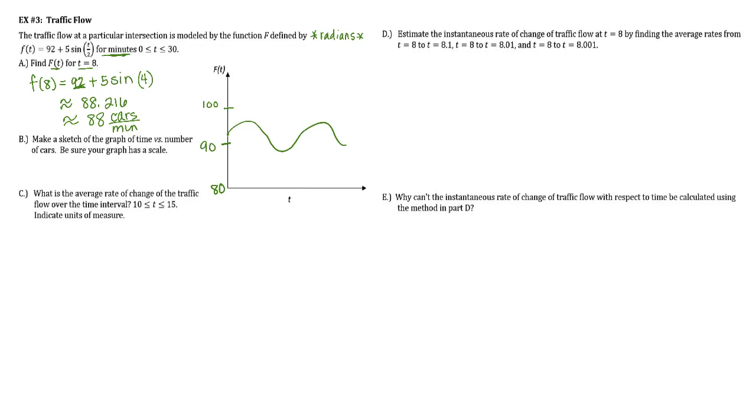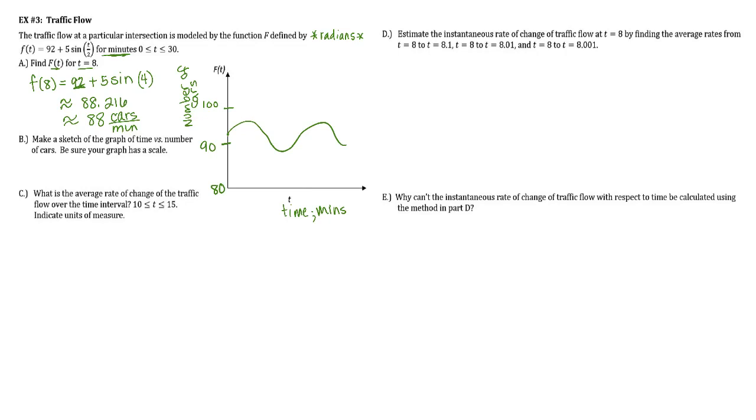We need a label, and they give us times t, so that's going to be time, but we need our units, so that's going to be in minutes. And then over on this other side, that's going to be your number of cars, I would expect. Okay, so that's B, and we do have our scale, so that's pretty good.